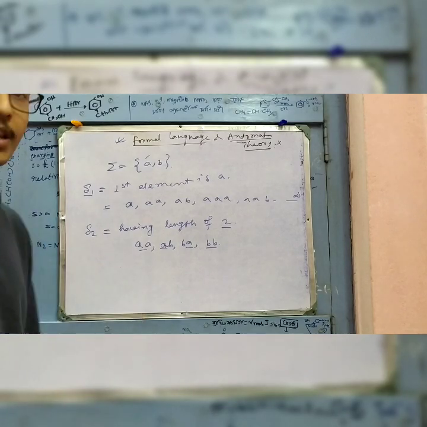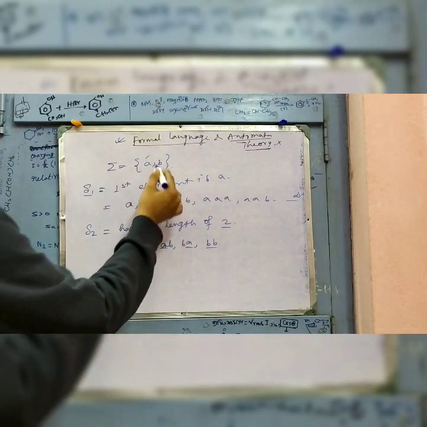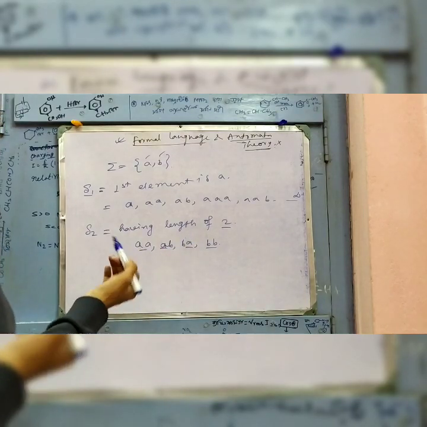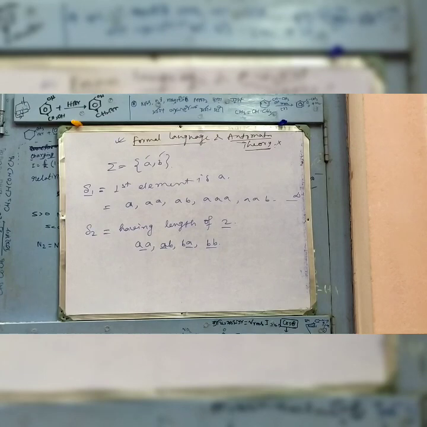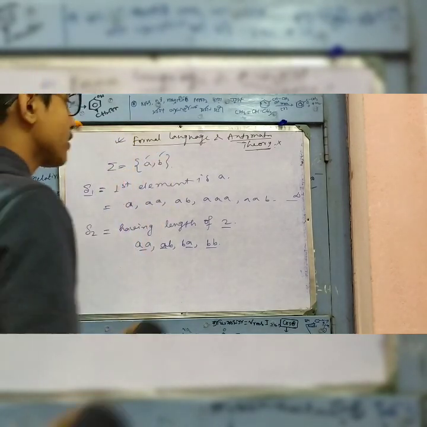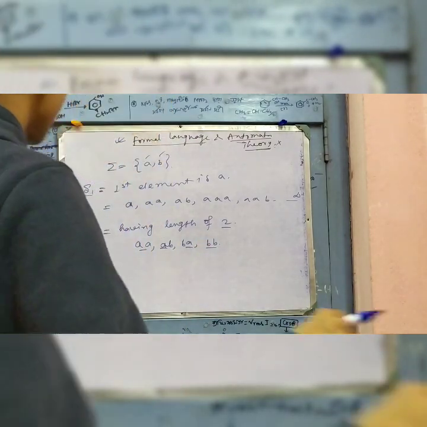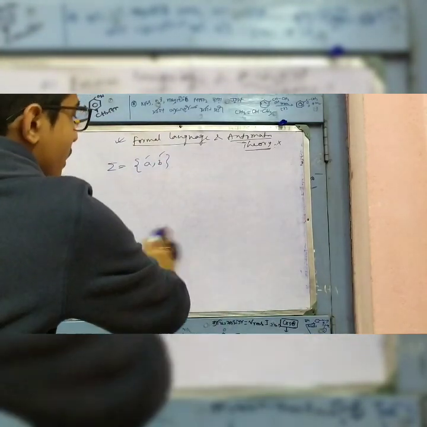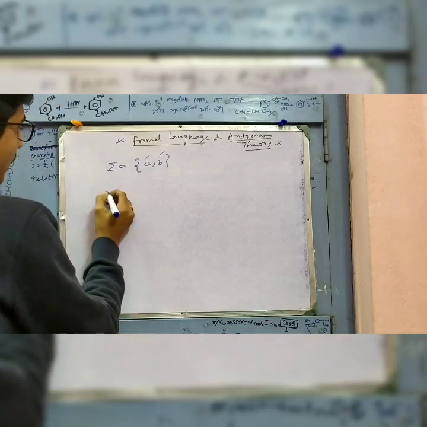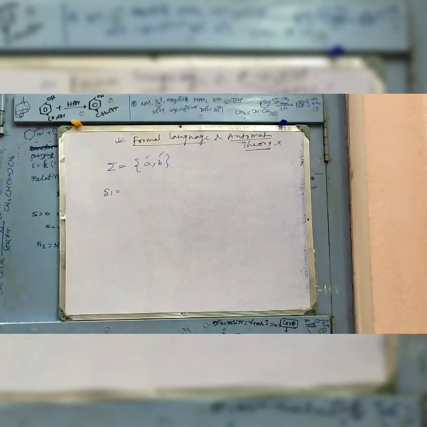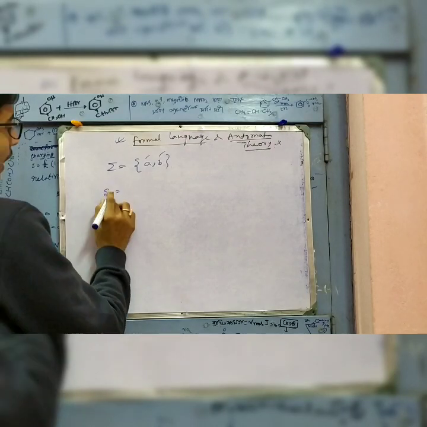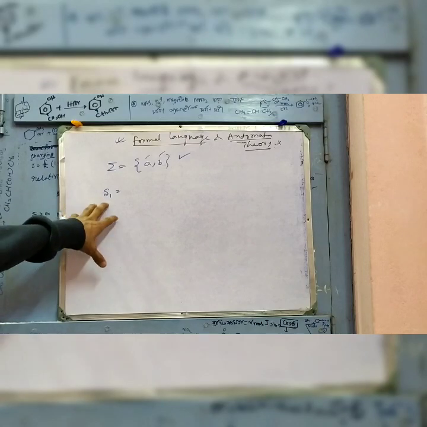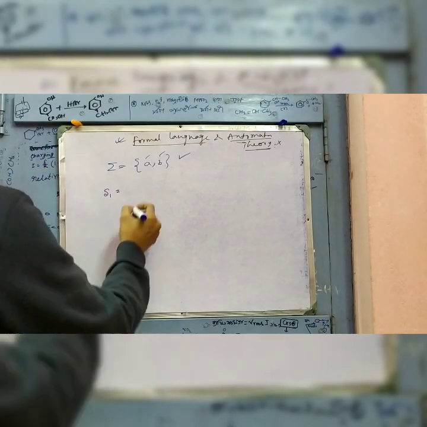You can make many examples from this, like the first element will be b, or you may also write that there will be 3 elements. Let's take a nice beautiful example. If the question asks you that this is an alphabet and you have to make a string S1 having length of 2.